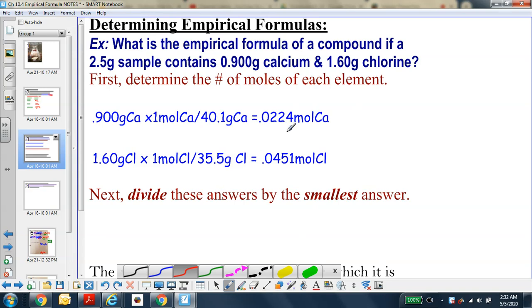And I'm going to now divide by 0.0224, which comes out to be 1 calcium. And I'm going to take this number right here and divide by 0.0224. And that comes out to be a 2.